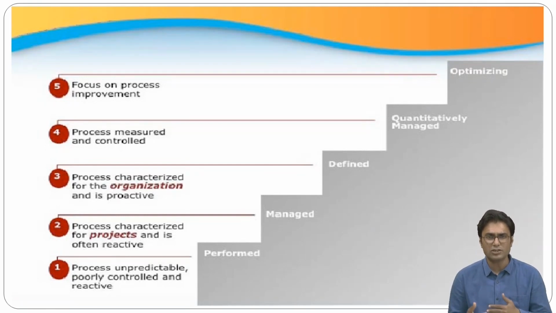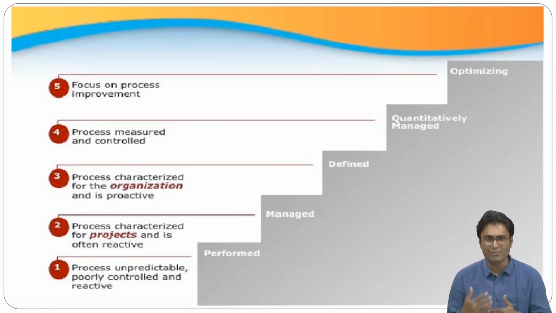Such organizations often produce products and services that work. However, they frequently exceed the budget and schedule of their projects. Characteristics of such organizations are a tendency to overcommit, abandon processes in the time of crisis, and not be able to repeat their past successes.